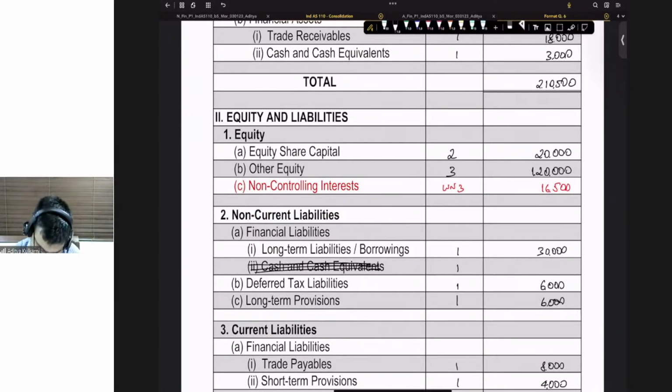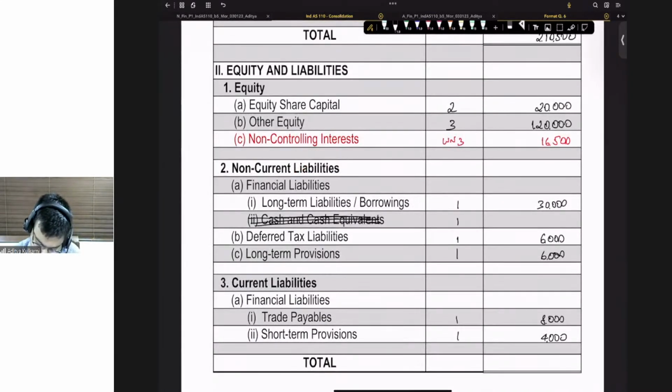And 140, 170, 194, 2,10,500. Done. So any doubt so far? See that 50,000 I'll touch upon, but at least till now, anybody has any problem with the process, with the flow, with the concepts?